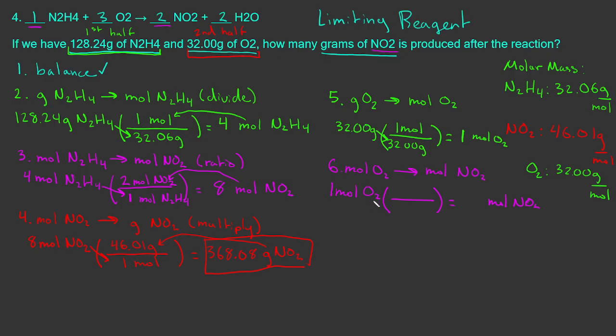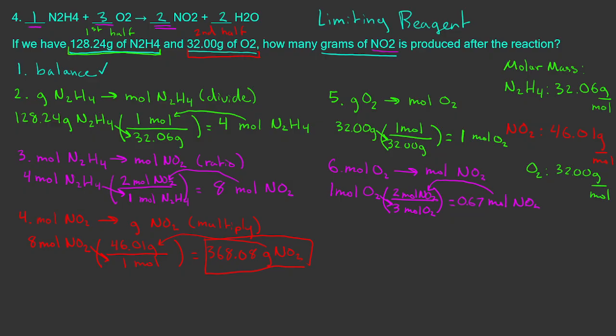So what number is in front of O2? Or actually, let's write this out. Remember, O2 is going to be on the bottom, because that's what we start off with. What we want is moles of NO2, so that's what's going to be on top. The values in front of those are 3 and 2. And so we write a 3 down here and a 2 up here. And so we get 1 times 2 over 3, and that is equal to roughly 0.67 moles of NO2.